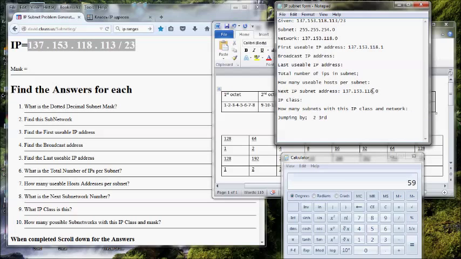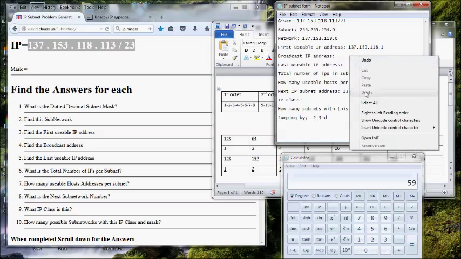So I just say that 118 plus 2 is 120, so the next IP subnet address is 137.153.120.0.